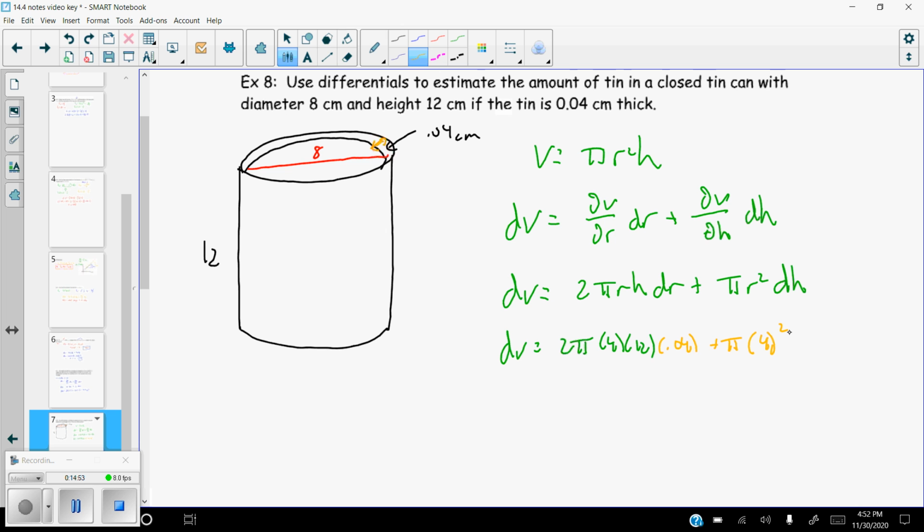It's the dh part that's a little bit more challenging. If you can picture this, I said that there is that thickness to the can. There's usually a lip out here. I don't know how to draw this, but it's kind of like a rounded lip that goes around this thing right here. That's part of the thickness of the can. There's going to be one of those rounded lips on both the top and the bottom.